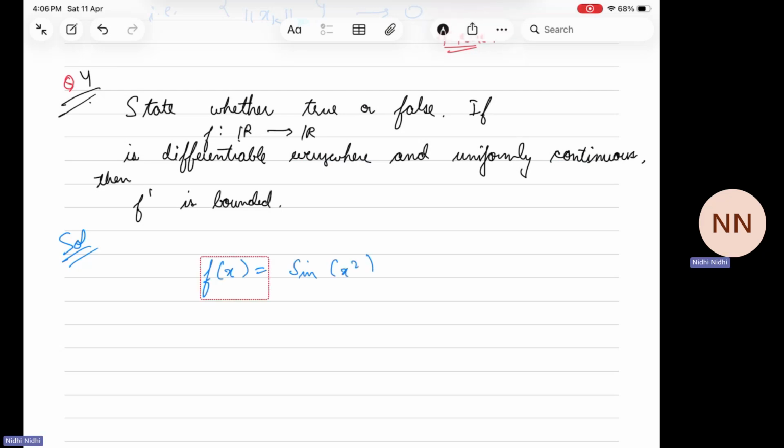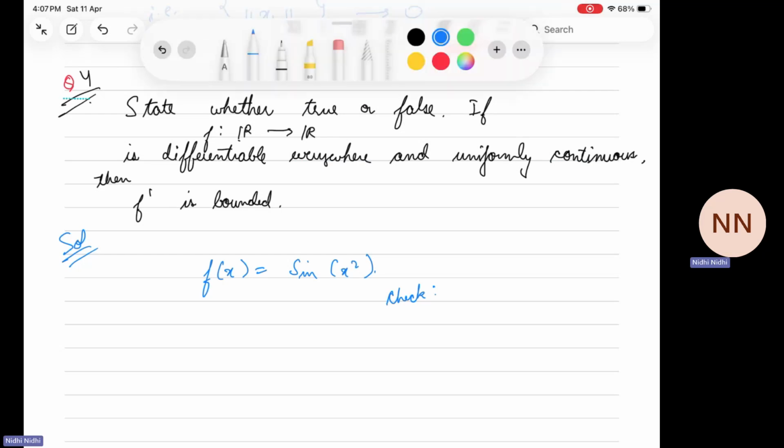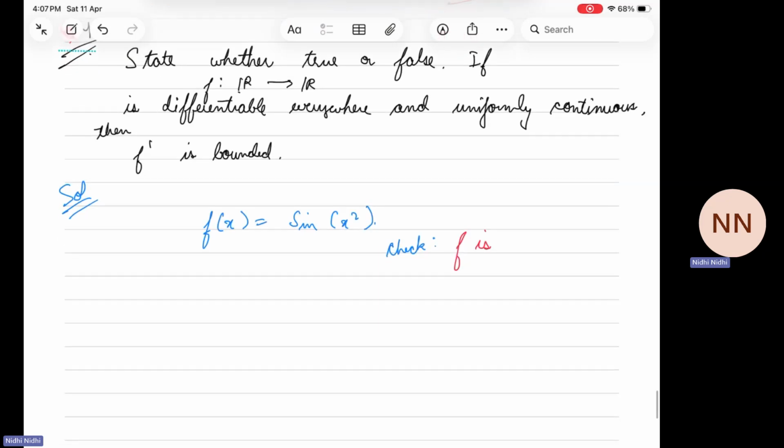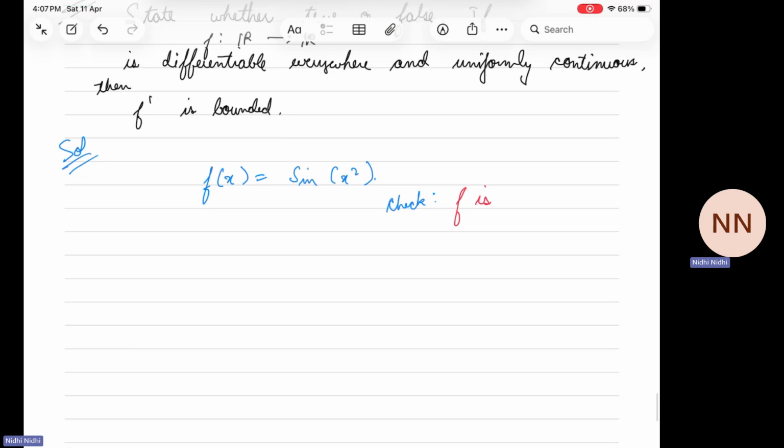sine x square. So I would like you to check yourself. Check that this function f is actually, I think we did some problem something like this, I don't remember. I would like you to see whether this is uniformly continuous or not. In fact, this will be uniformly continuous.